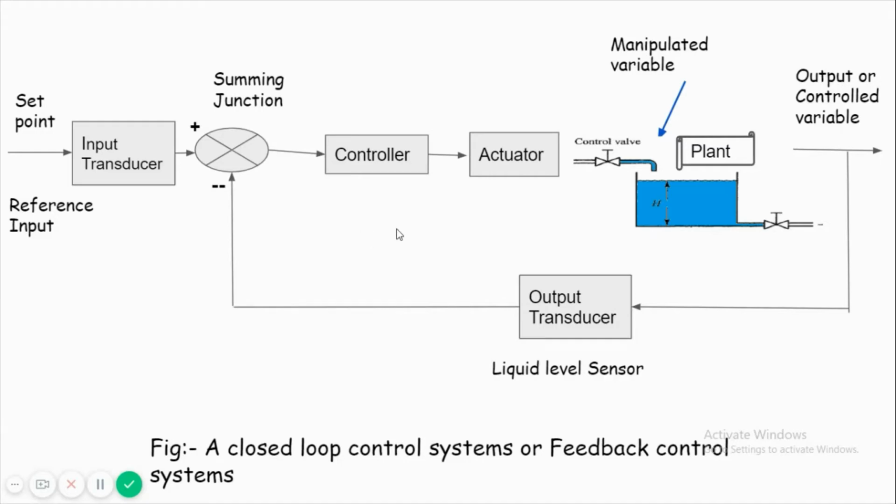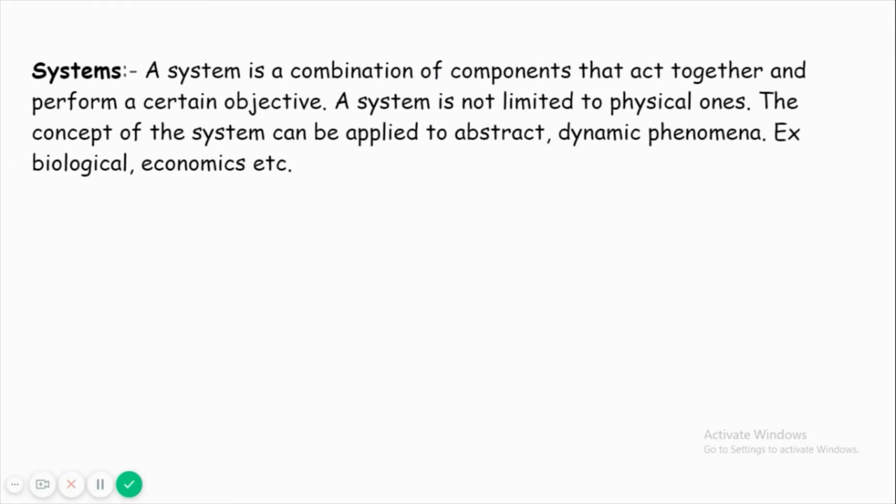It can be a process or a dynamical phenomena. So our next definition is of a system. A system is more or less like a plant, but when we call something a plant, we consider some equipment or machinery like that. But in systems, we don't consider those things.